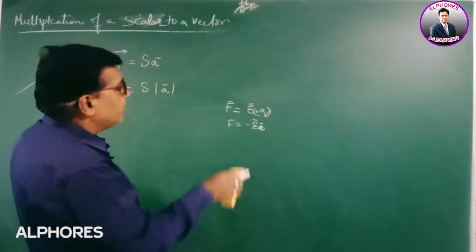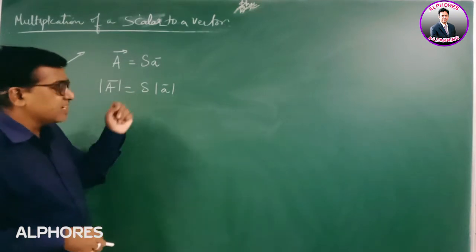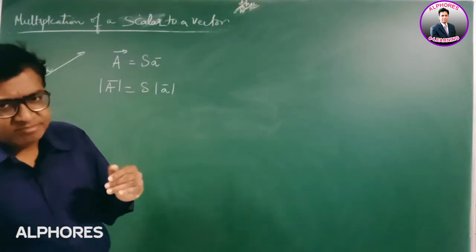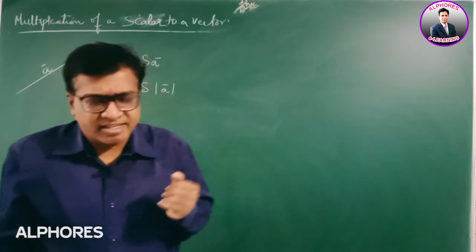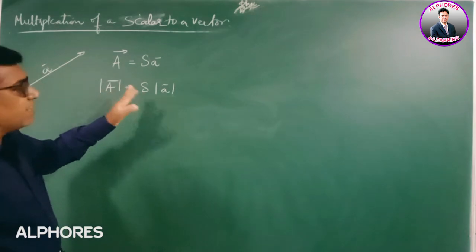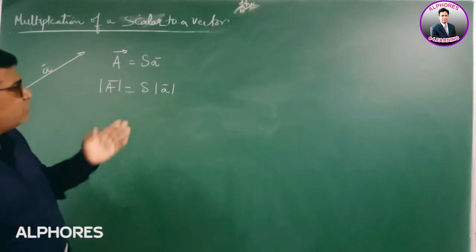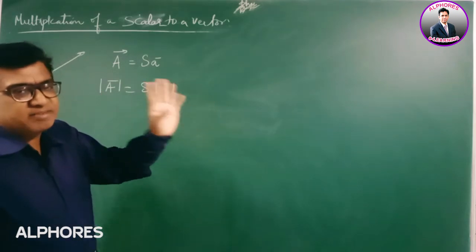So that way, the scalar itself can be negative. Potential can be negative, charge can be negative, there is every possibility there. So if this is negative, the direction is reversed. The magnitude changes S times. If S has units, the quantity itself is changed.